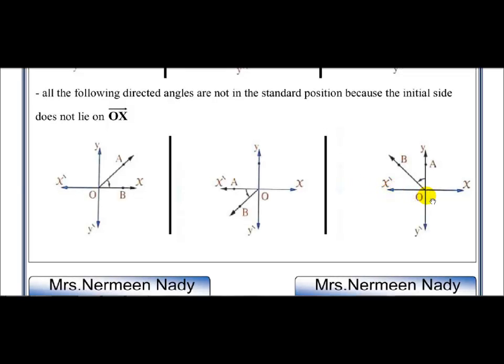Look at this angle. This arrow shows me my initial. It starts from OA and rotates. My initial is OA, and OA is on the positive direction of the y-axis. This is the y-axis, so my directed angle is not in the standard position.